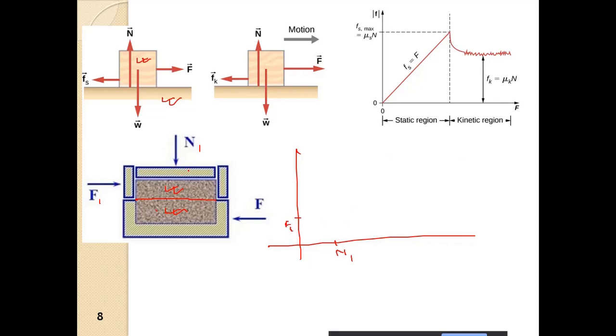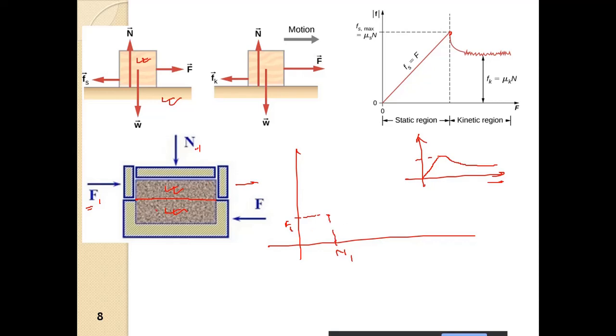How will we get F1? We plot the displacement in this direction against the force. So this is the displacement and this is the force. It will increase, increase, increase up to F1, and then from F1 it will slide down. So this is F1.